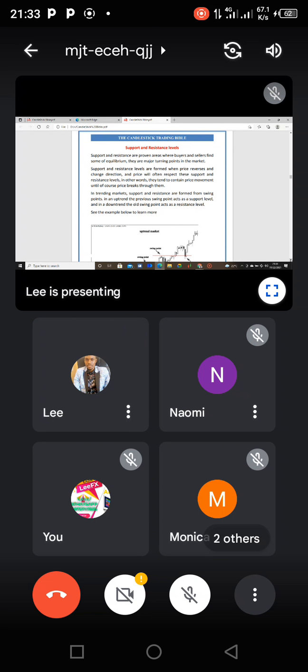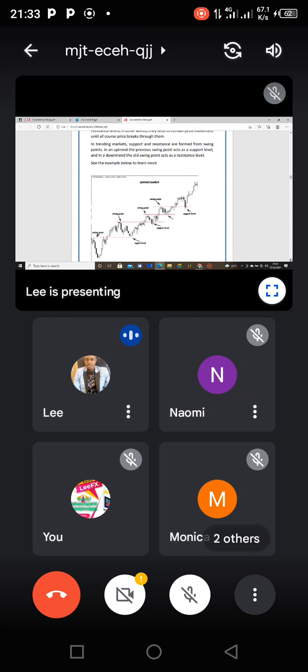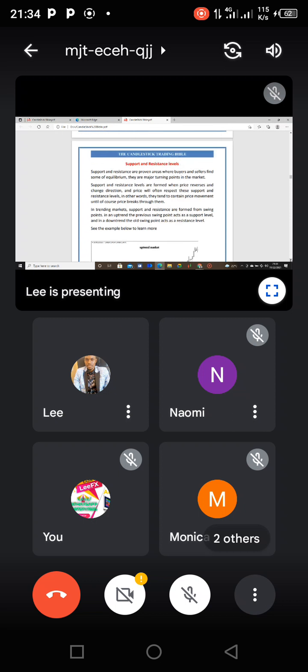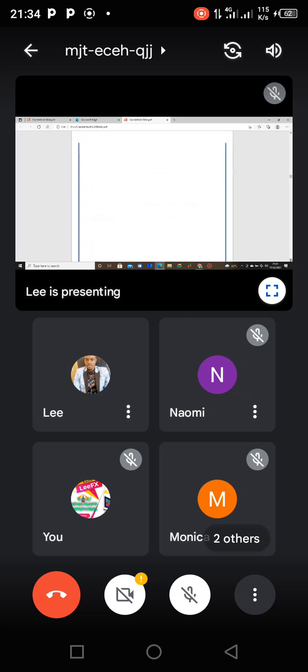This is one of the edges that you can use when identifying a good entry.